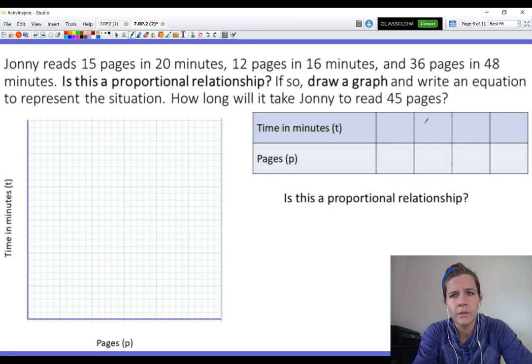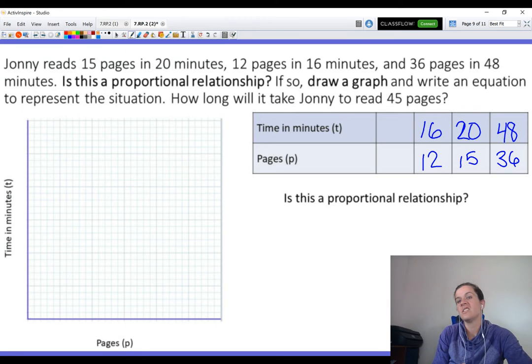So I'm going to put 16 minutes, 20 minutes, and 48 minutes, and then their equivalent pages. So 16 minutes, that was 12 pages. 20 minutes was 15 pages. 48 minutes was 36 pages.